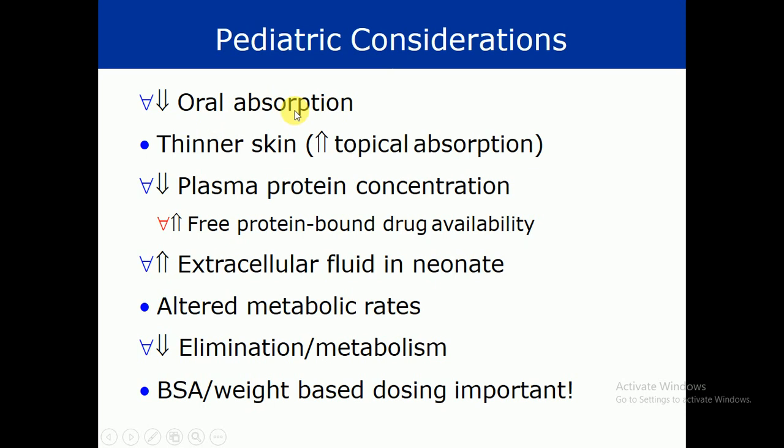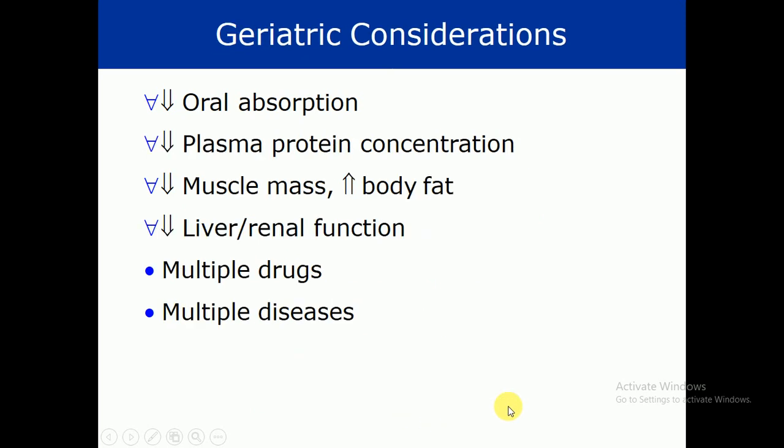Here oral absorption decreases, the skin becomes thinner, and topical absorption increases. Plasma protein concentration decreases and free drug availability is enhanced. The extracellular fluid in neonates increases, and it can alter metabolic rates, while elimination or metabolism decreases. BSA and weight-based dosing are important.